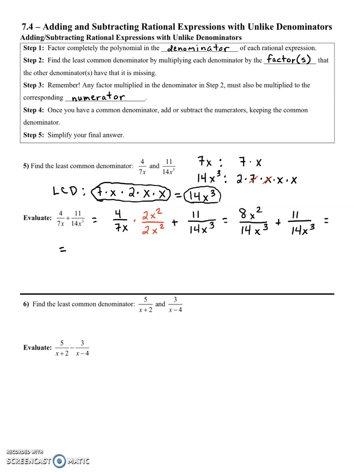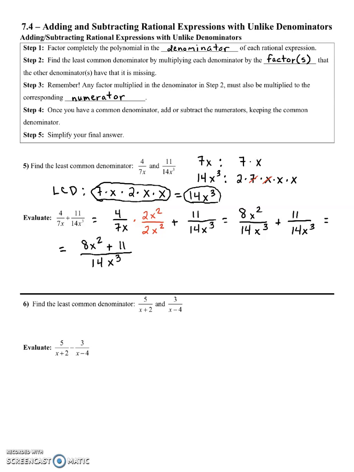So now all we have to do is add the numerators. So we have 8x squared plus 11 all over 14x cubed. And since there's no common factor that we could factor out in the numerator, and there's nothing we can factor out in the denominator, that's our final answer.